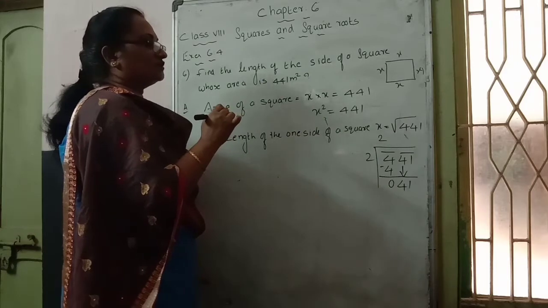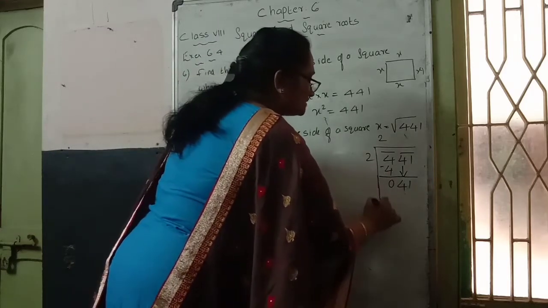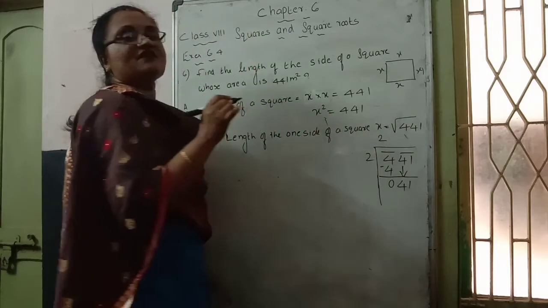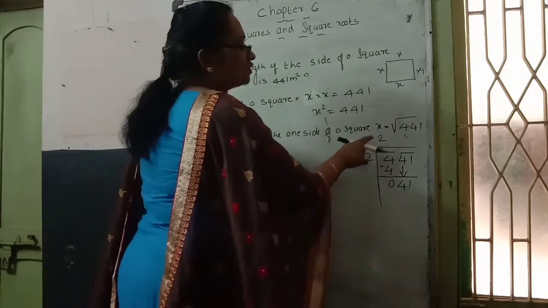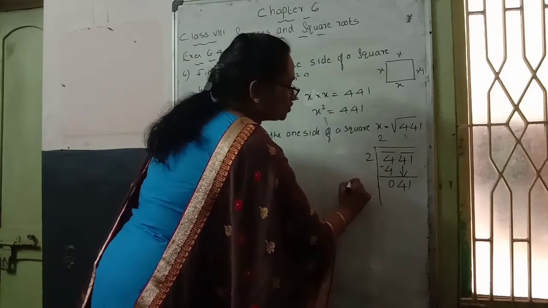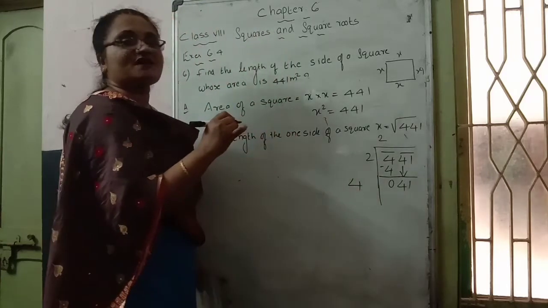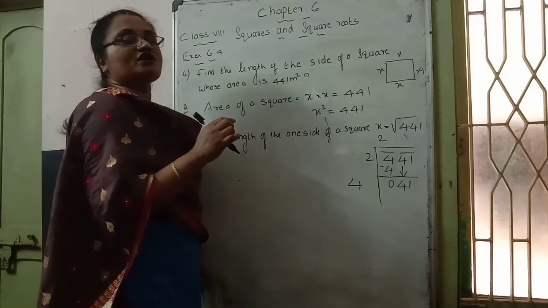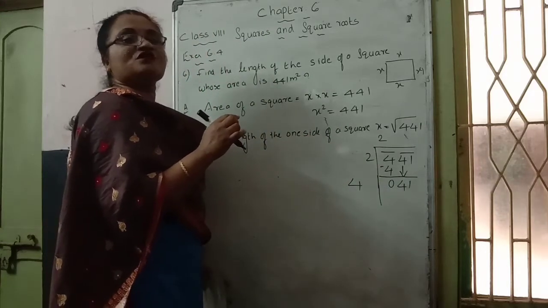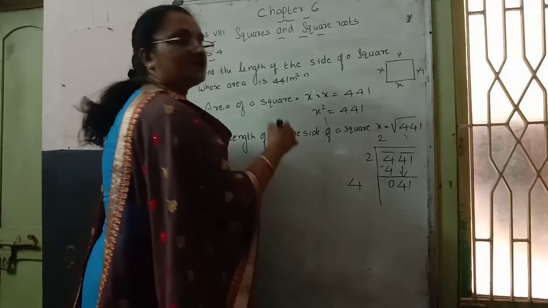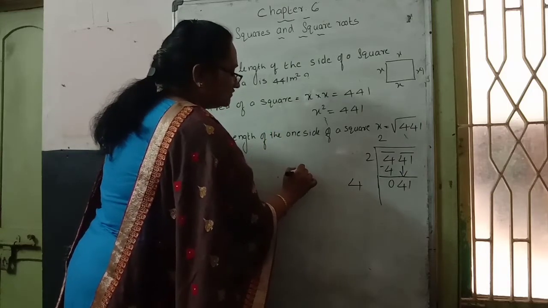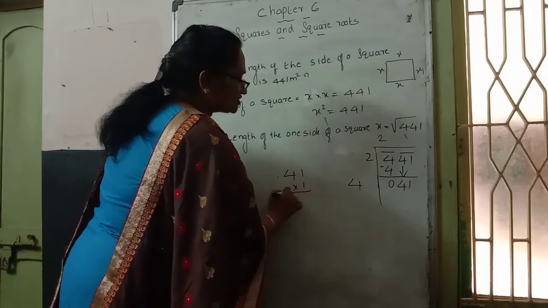Again, 2 plus 2 comes to be how much? Add the divisor and the quotient. 2 plus 2 comes to be 4. Keep a space. Again, 4 into 1 becomes 4, so we take 1 next to the 4, giving 41, and the same 1 is used to multiply.